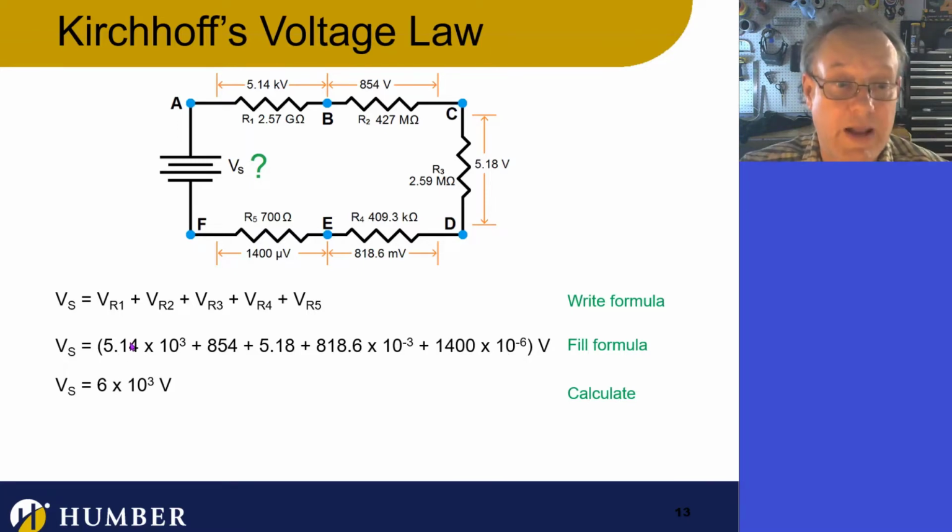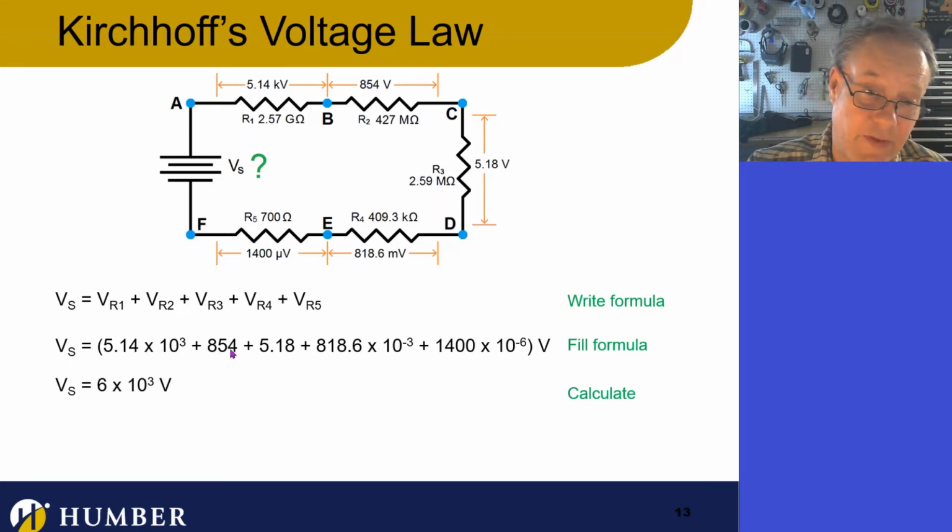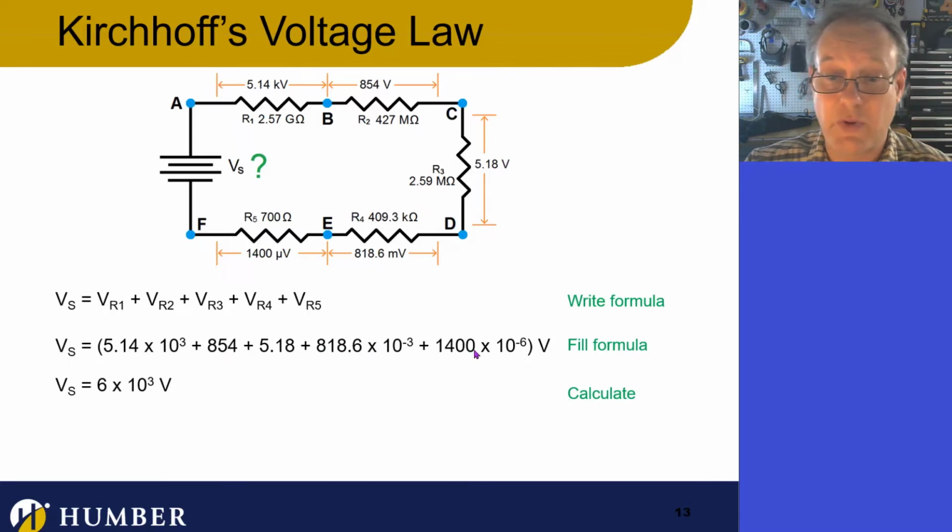If I wanted to use metric prefixes in here and get rid of this engineering notation, I could do that. I just write VS equals 5.14 kilovolts plus 854 volts plus 5.18 volts plus 818.6 millivolts plus 1400 microvolts. And when you put it in your calculator, boom, you're going to end up with some kind of value.